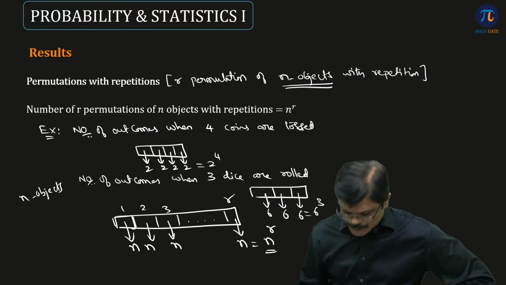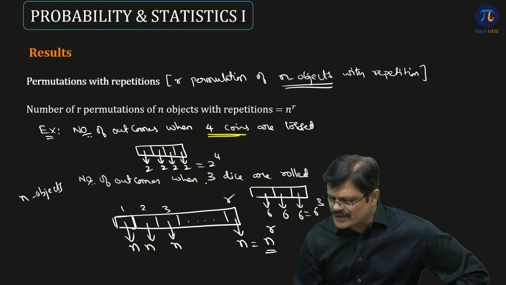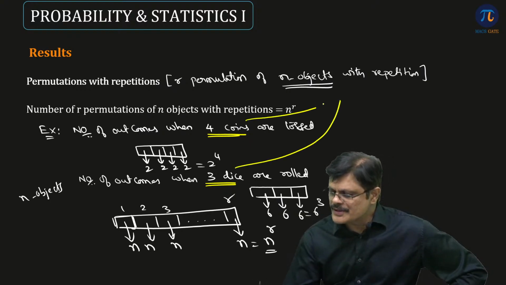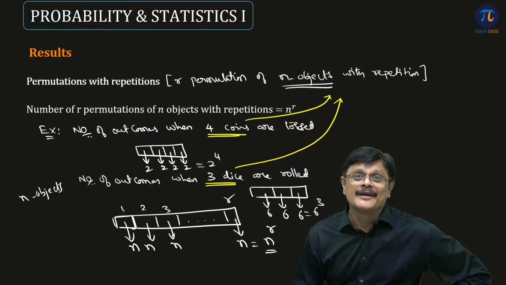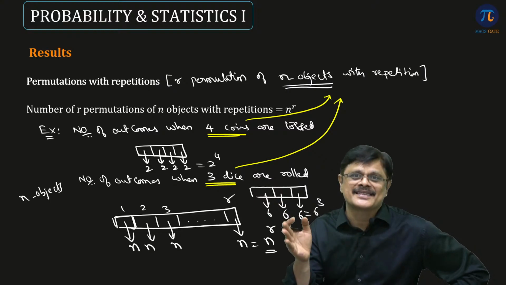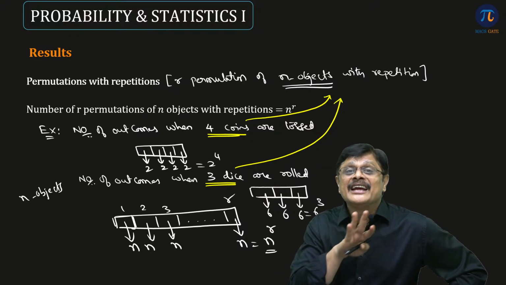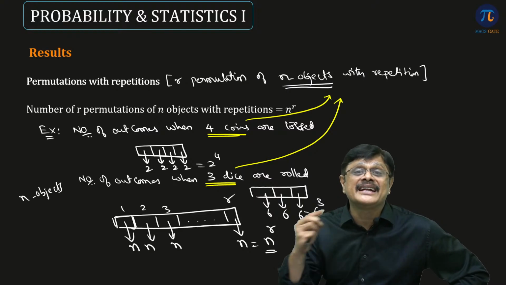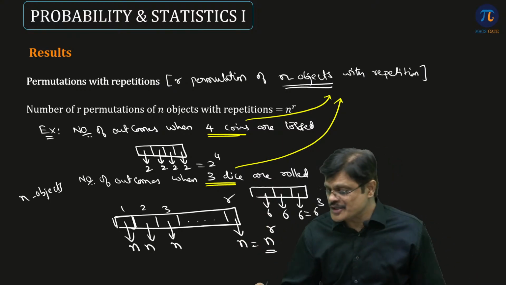But one important point to be noted, in general, when I say 4 coins are tossed or 3 dice are rolled, we assume that these are different, distinct, distinguishable. That is, they are different coins. So it's like 1 rupee coin, 2 rupee coin, 5 rupee coin, 10 rupee coin, like that.